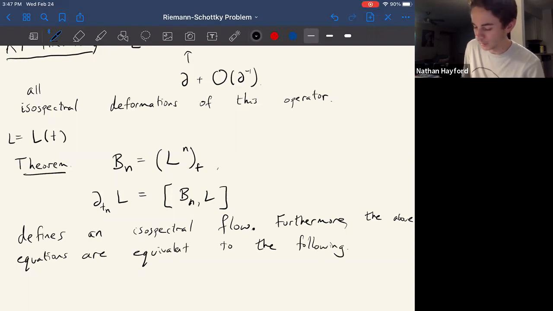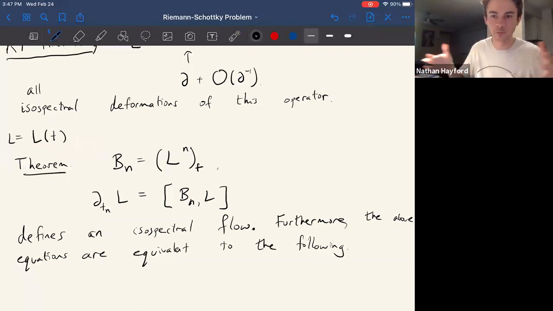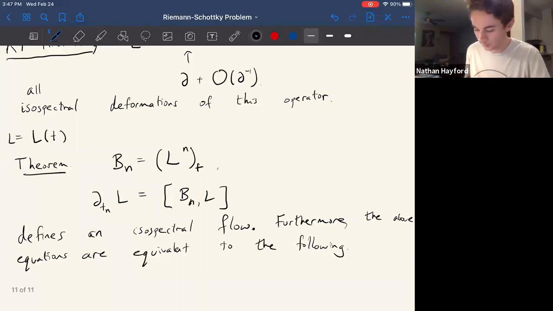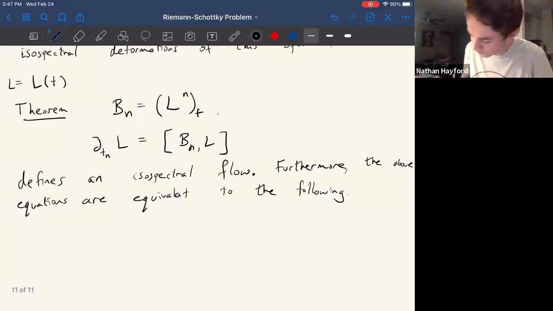So you can think that for each of these bn's, each n I pick, I introduce a new flow direction, so another isospectral flow. So L depends on, for right now you can think just two parameters, t1 and t2, or tn, tm, whatever you want to call them. The point is that we only consider two at a time. So there are a lot of parameters, but we only consider pairs of them individually. So it's not too terribly complicated.